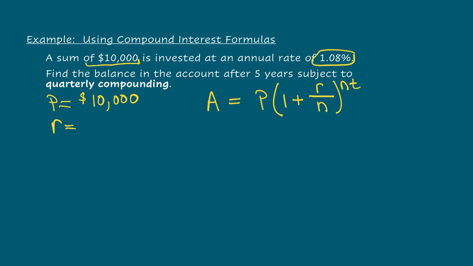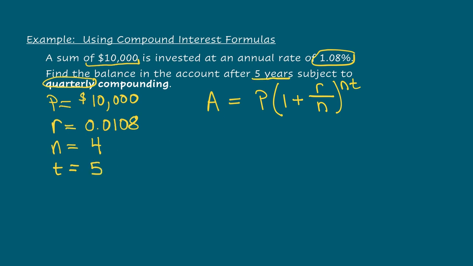So we need to move the decimal over 2 places to the left. So our rate is going to be 0.0108. Our n is going to be 4 because it's quarterly. And we still need t, which is 5. We're told that it's 5 years.